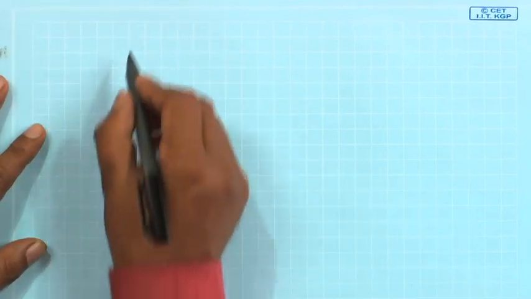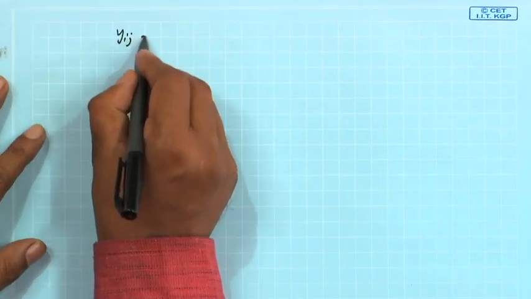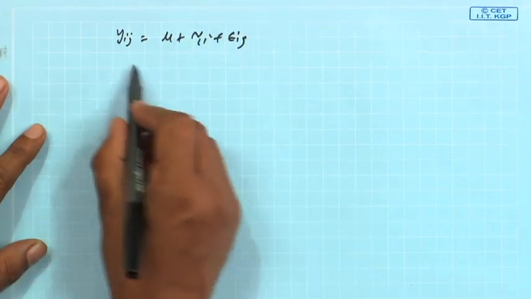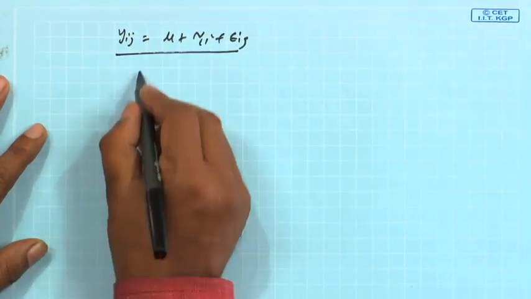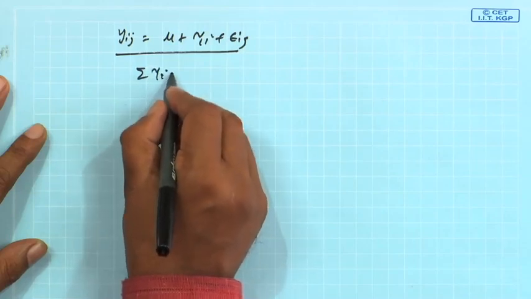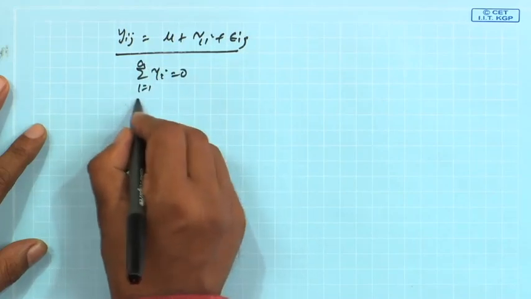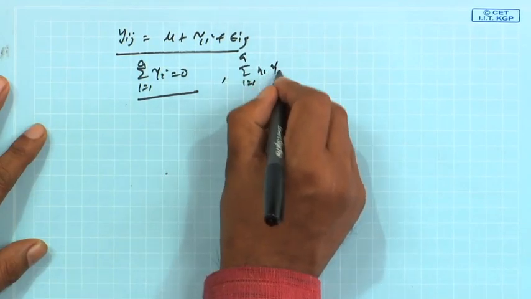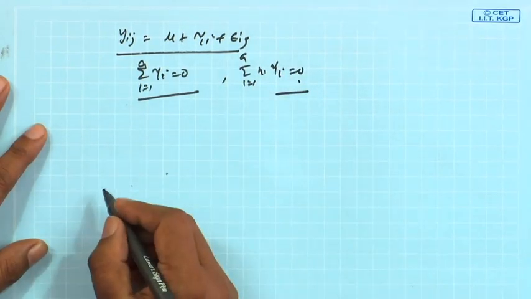That means when you say ANOVA model, you have to say y i j equal to mu plus tau i plus epsilon i j, and then definitely you will be saying the sum of tau i equal to 0, i equal to 1 to a, or the sum of n i tau i equal to 0.